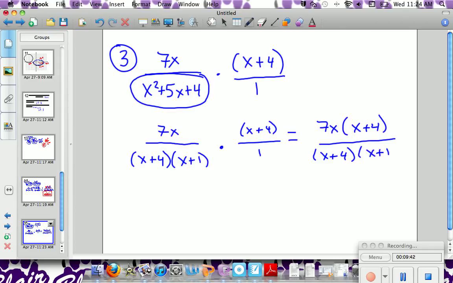If I have anything outside of the parentheses that can be reduced, I do that. I don't have anything outside of these parentheses. If you have any parentheses that are identical, you can cancel them out or divide them. x plus 4 and x plus 4 are both identical in the parentheses, so I'm going to cancel those out. So my answer is going to be 7x all over x plus 1.